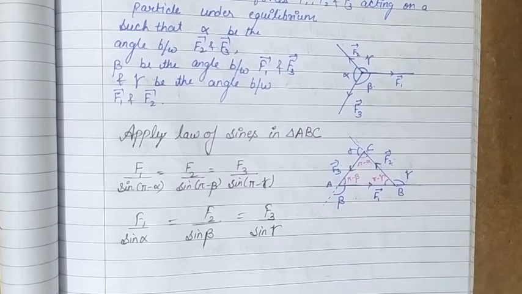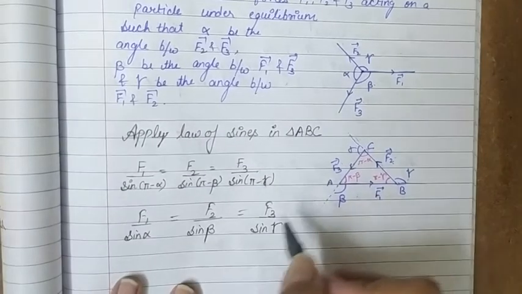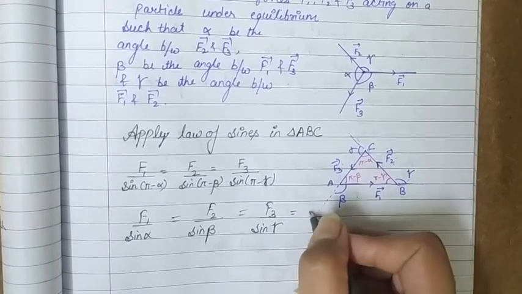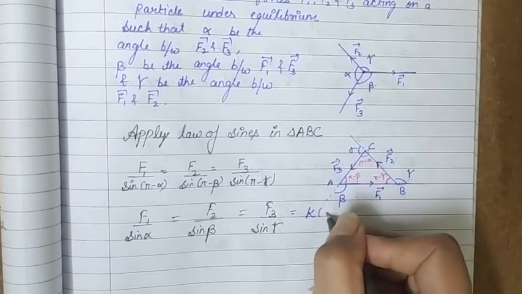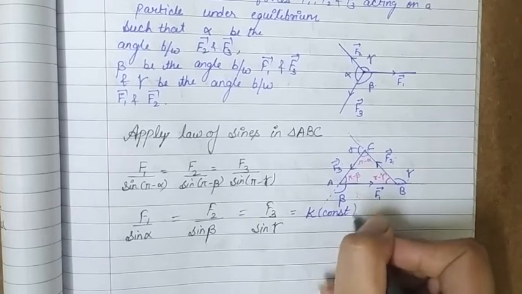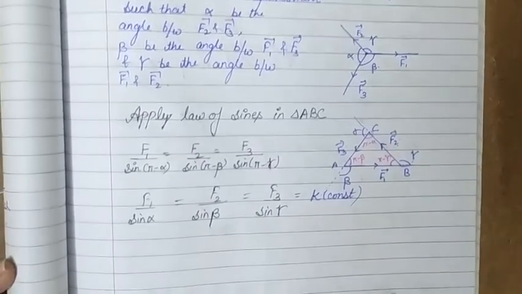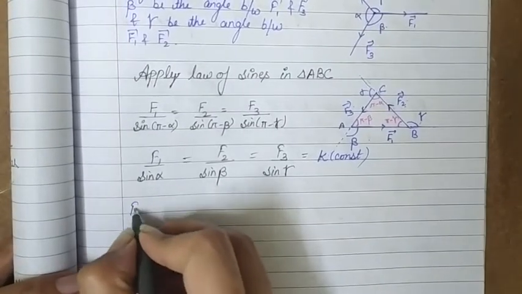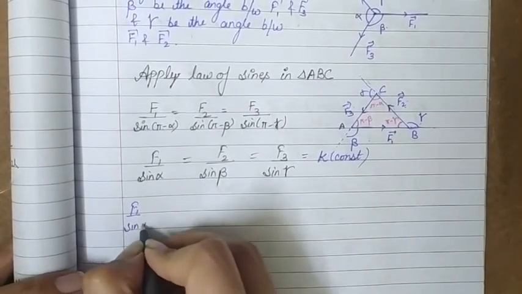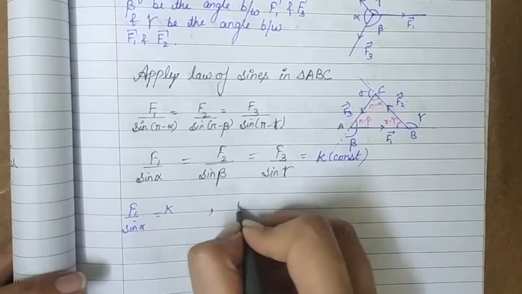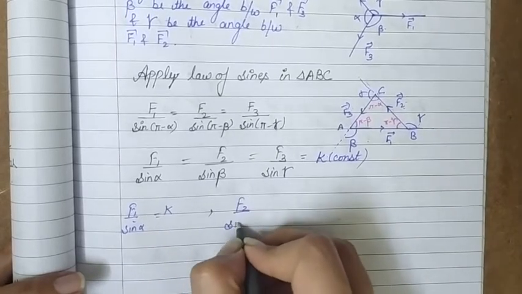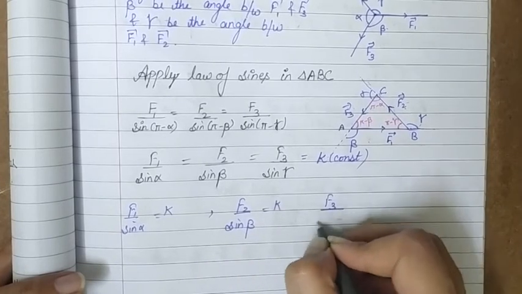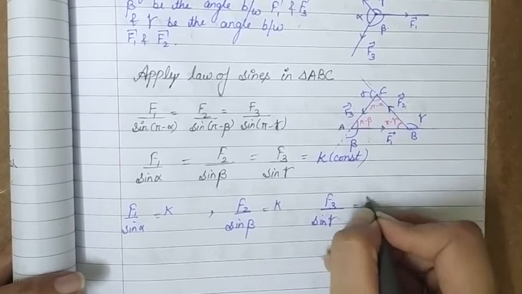Now, how come the proportionality? Since these three factors are equal, let it be equal to some constant k. I am considering that these values are equal to some constant k, then these values are separately equal to this k. That means F1 upon sine alpha is equal to k, F2 upon sine beta is equal to k, and F3 upon sine gamma is also equal to k, which is a constant.